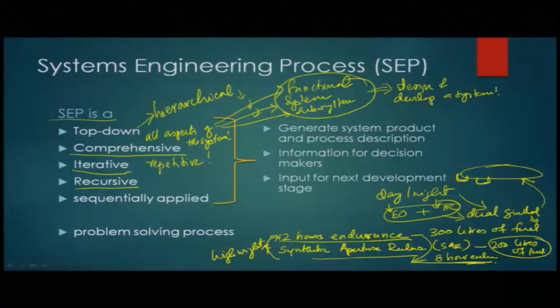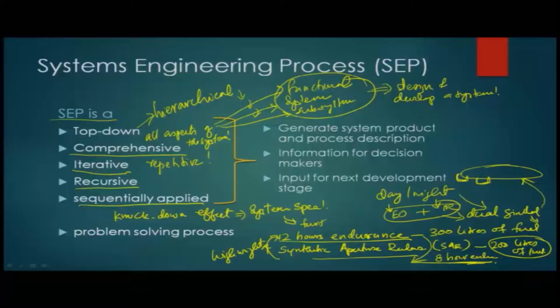So, this is also done, and it is sequentially applied because a lot of the time you make one change in some place. This is also called the knockdown effect. When you are doing some change in the system spec somewhere, it will have some effect further down, where a subcomponent might need to be changed.